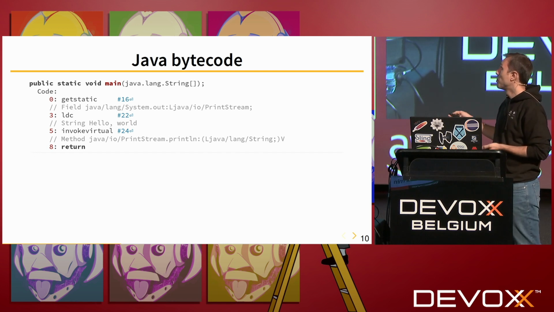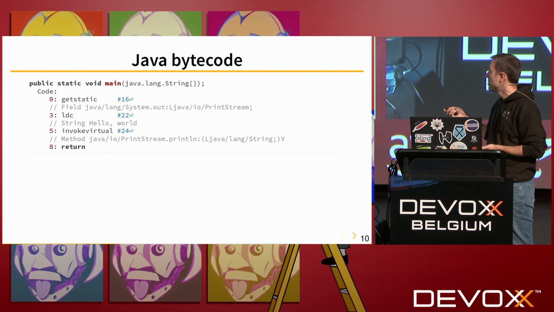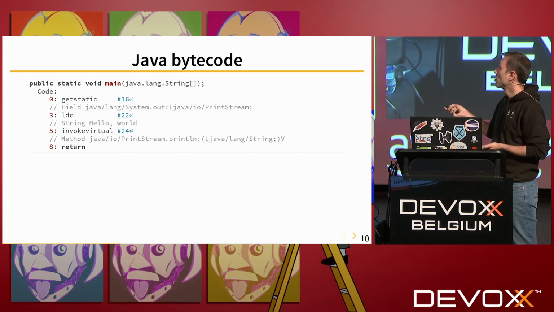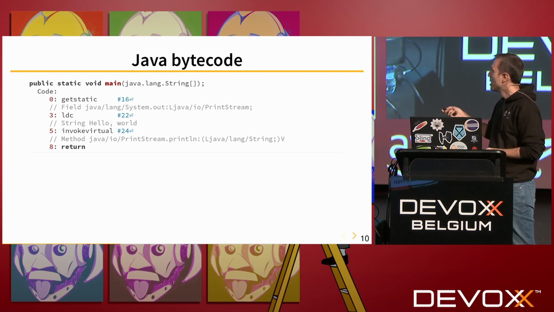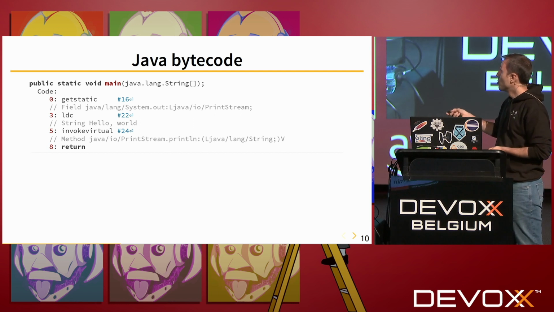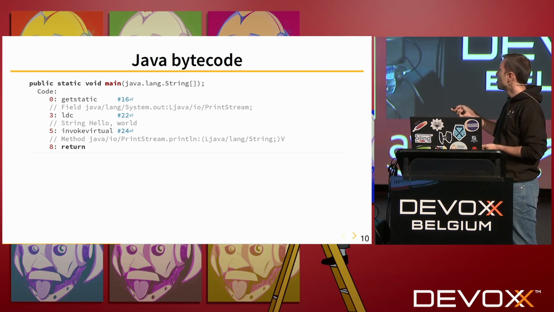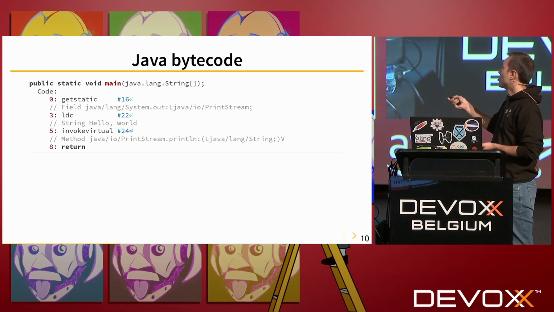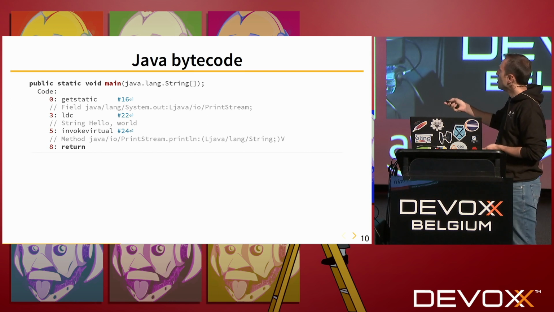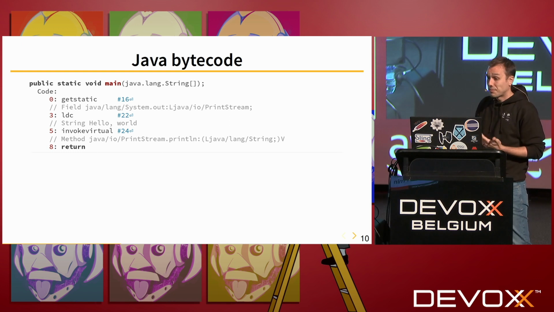And then with the ldc opcode, we load the constant onto the stack, and it loads the actual Hello World constant from the string constant pool. Finally, with invokevirtual, it invokes this java.io.PrintStream println method, which ties in the field from here with the method argument, and eventually does return.